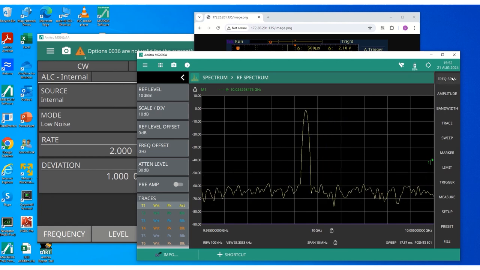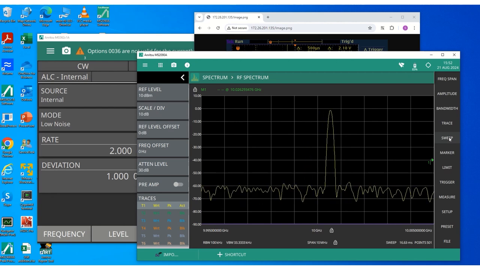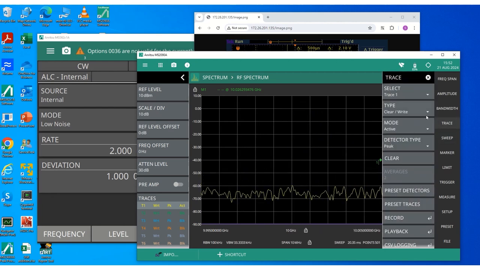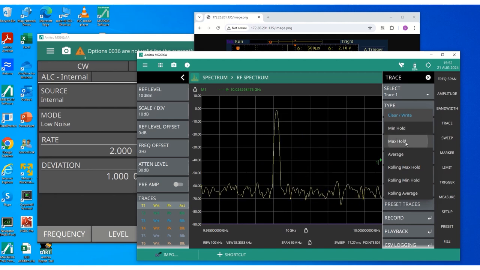And in order to see more clearly what the total plus minus span of the deviation is, what we will do is we will choose the trace type and we'll do a max hold.